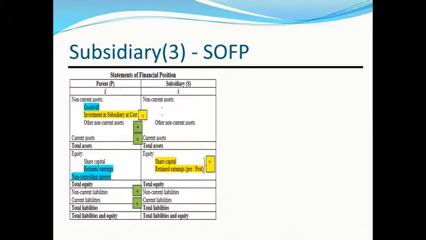Then we are ready now to produce the final group statement of financial position, and this will be by eliminating the investment in subsidiary at cost against the equity of the subsidiary, which includes the share capital and the retained earnings of the subsidiary, and then all other items will be consolidated line by line, which is adding the similar items together in the financial statements of the parent company and the subsidiary.